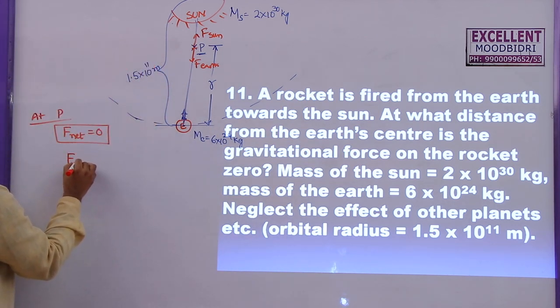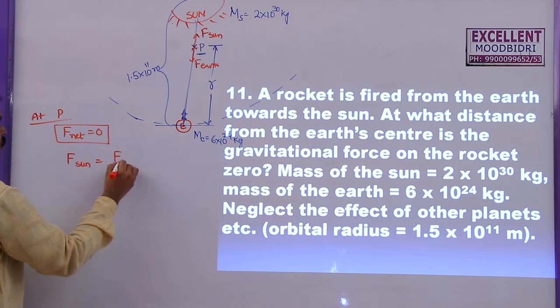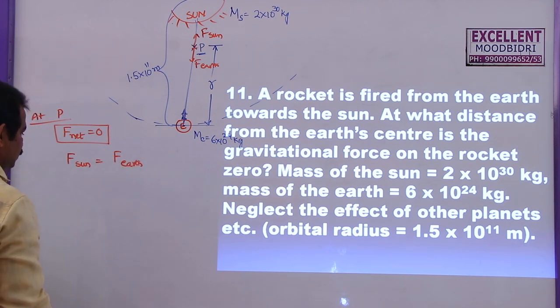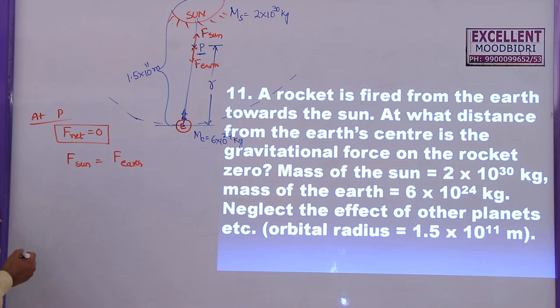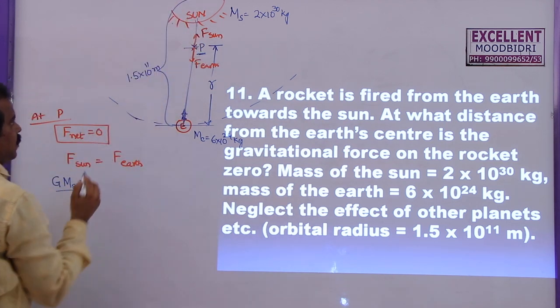So the force experienced by the rocket due to the sun is equal to the force experienced by the rocket due to the earth. So what is this formula? This is nothing but the gravitational force only. So capital G, mass of sun, mass of rocket, by the distance between this point and the center of sun.